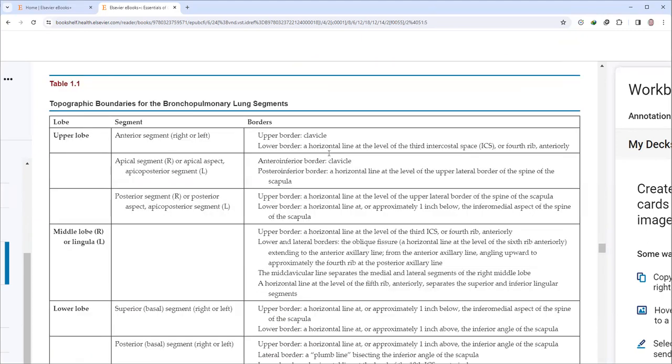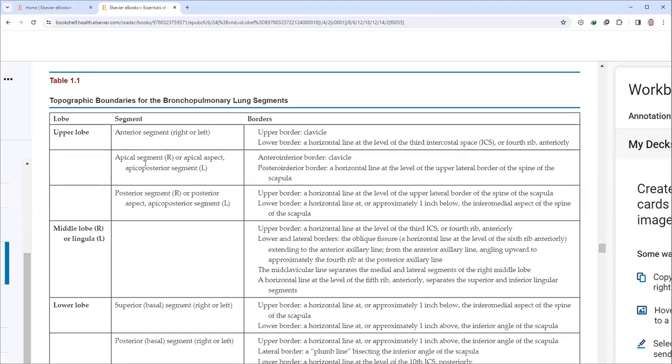Apical segment on the right, apico-posterior segment on the left. Then we have posterior segment on the right and the apico-posterior segment on the left. And this is all the upper lobe.